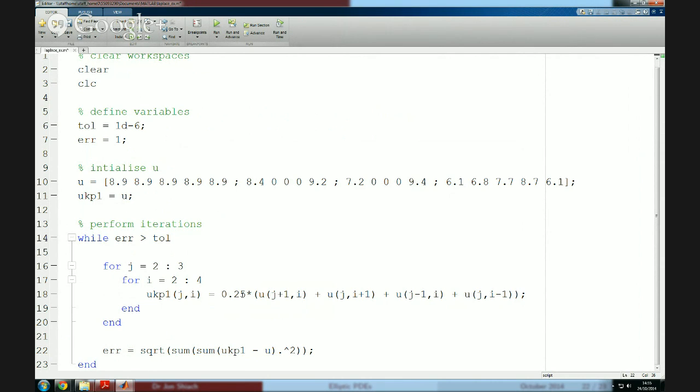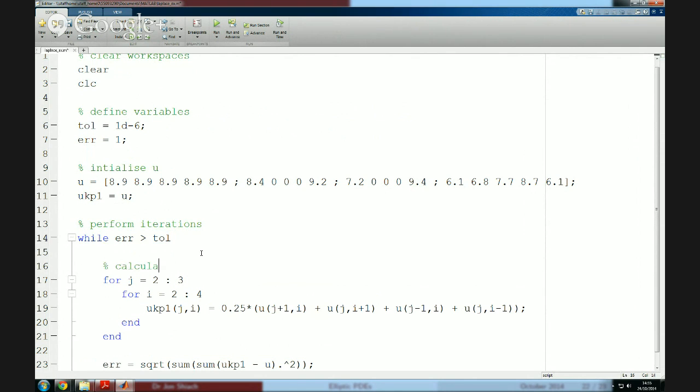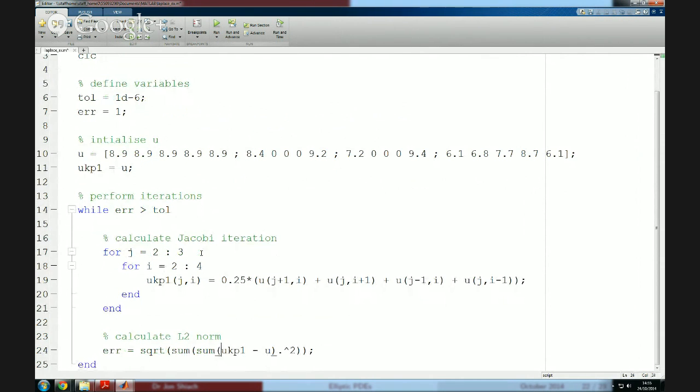Okay, so let's tidy this up a bit. Calculate Jacobi iteration. Let's calculate L2 norm. One thing I haven't got on this program is a way of recording how many iterations it took. So I'm going to use an iteration counter.